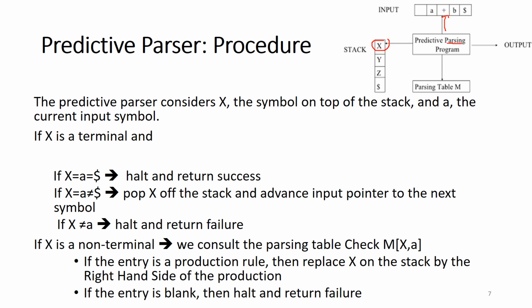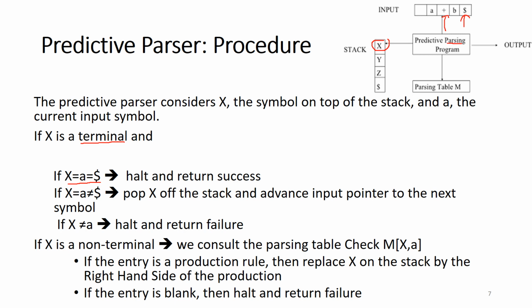If X is a terminal, which means the top of the stack is a terminal, then we check if X is equal to a is equal to dollar, which means that we have come to the end of the input string, where the entire input string has been scanned and we are at the last symbol of the input.